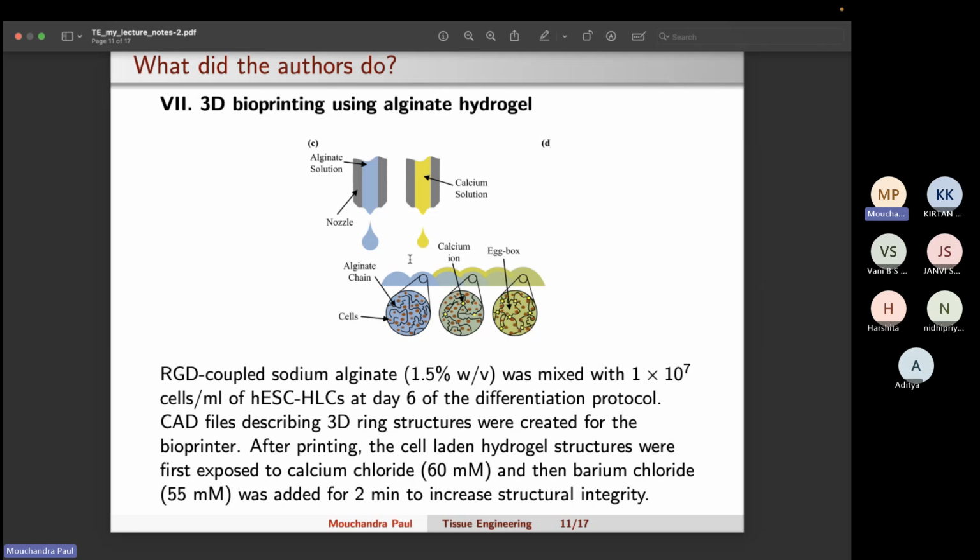These links are called crosslinks. Because of the formation of these crosslinks, you get a solid structure. We'll talk more about this in the biomaterials topic.